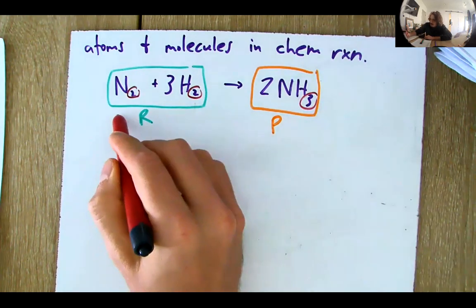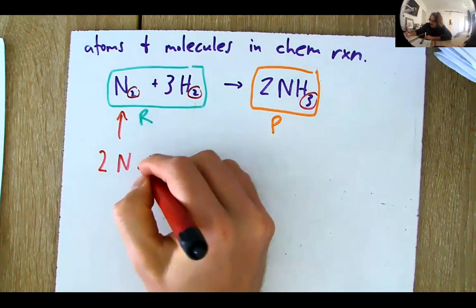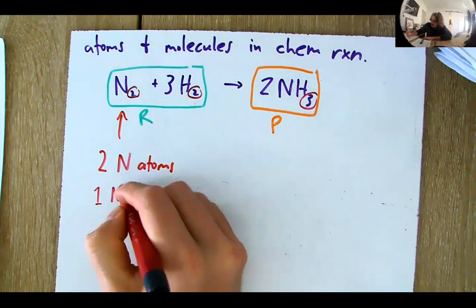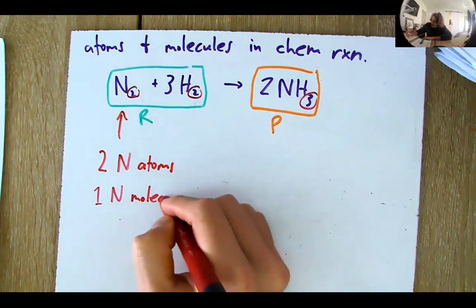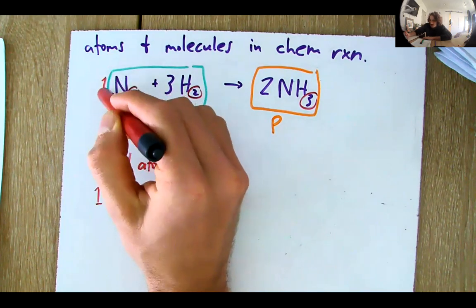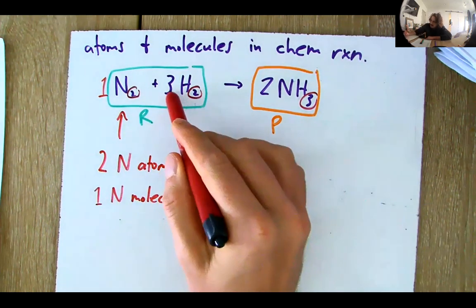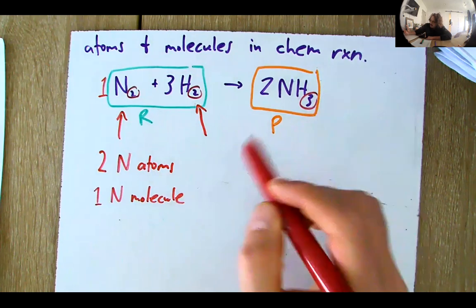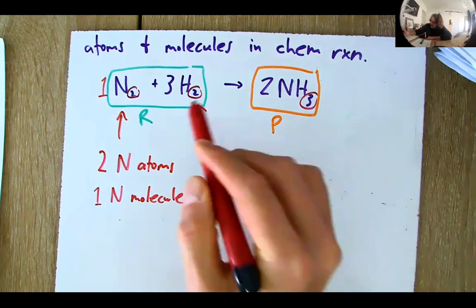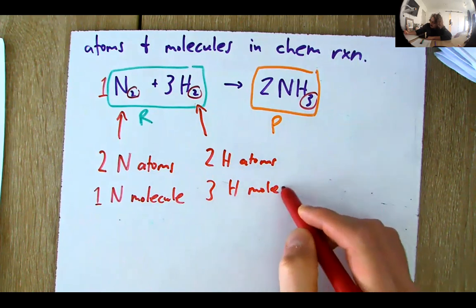So for example, right here we have two nitrogen atoms, and this is one nitrogen molecule. How do I know it's one nitrogen molecule? Well, because there's not a number one written right in front, because you never need to write a number one because it's redundant, since you already wrote the N. So what that tells us here is that there are two hydrogen atoms, but there are three hydrogen molecules.